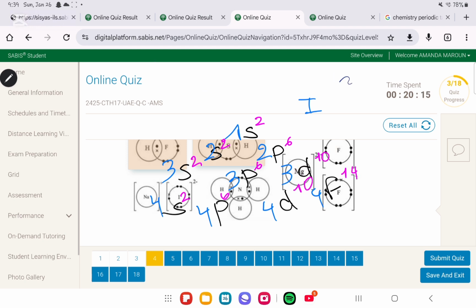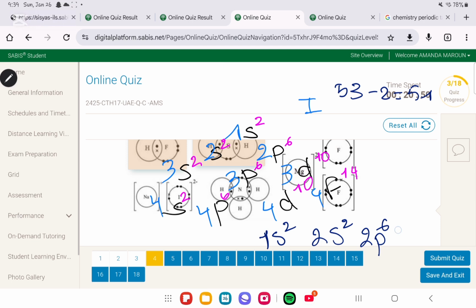So we're dealing with I, which has an atomic number of 53. So it's going to be 1s2. So we got rid of 2. So take your calculators. It's going to be then 53 minus 2, which is 51. So we're left with 51. So then it goes 2s2, again, minus 2. We are left with 49. Now 2p6 minus 6 electrons, we are left with 43.